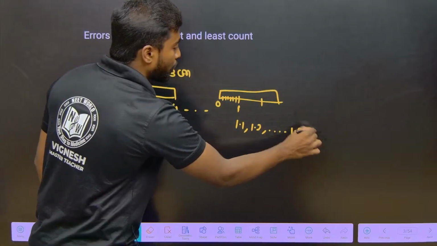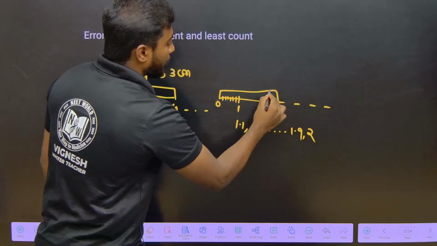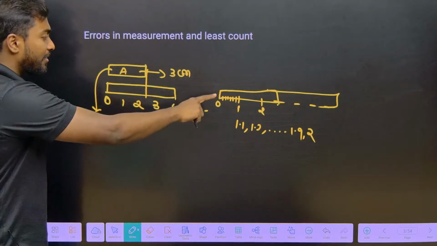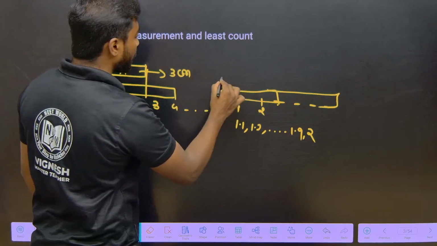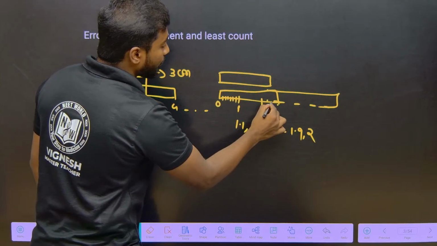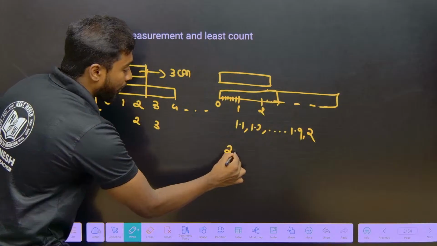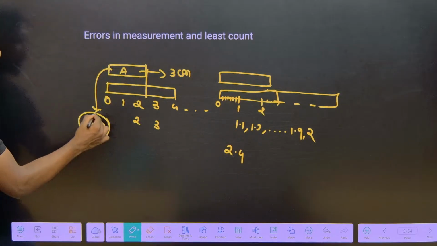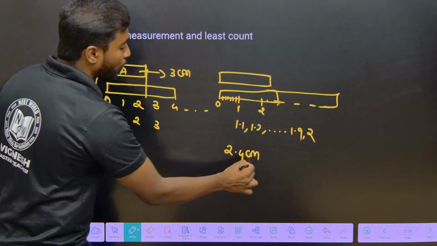If I measure the same object, I can find a number like 2.4. Here the number is 2 centimeter, here it is 2.4 centimeter.